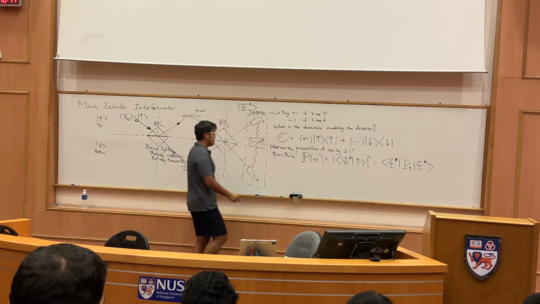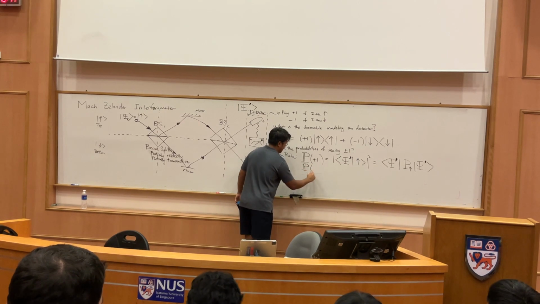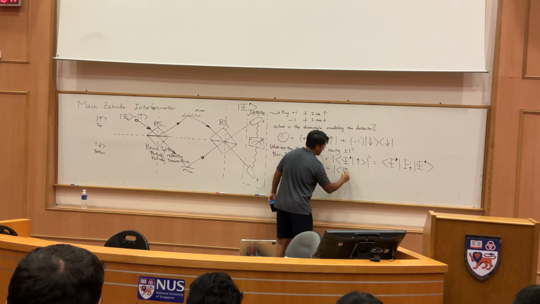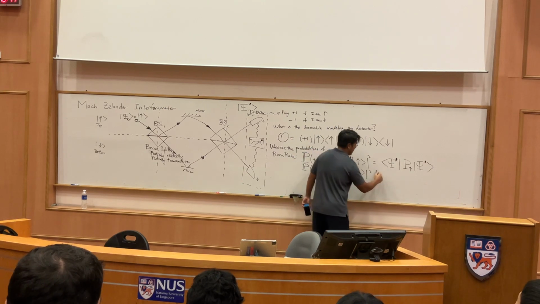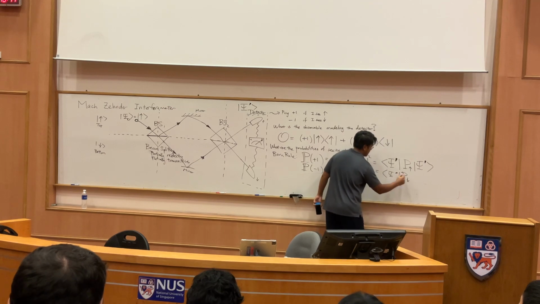And similarly, with the projector onto the down state, the probability of observing a -1 would be the modulus squared of the overlap of psi prime with down.